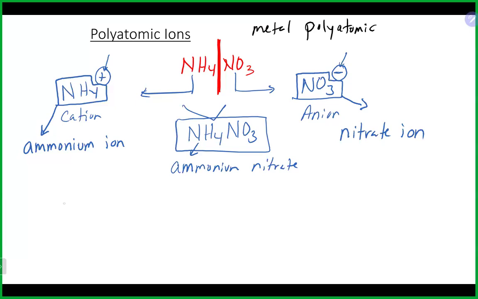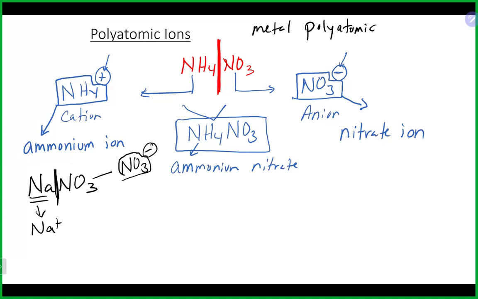So for example, if I took NaNO3, this compound, again, we could break apart right here, and I see a metal, which is sodium, which is Na plus. That is my polyatomic ion that we just saw there, NO3 minus. And once again, the reason the formula is like this is this entire thing is a -1 charge.